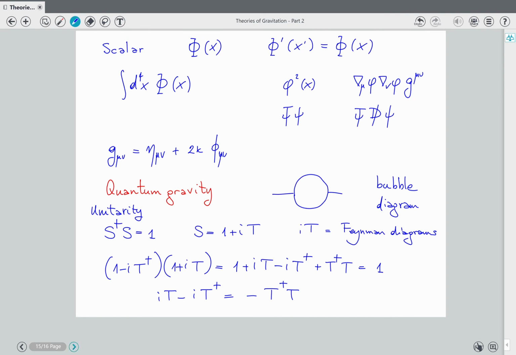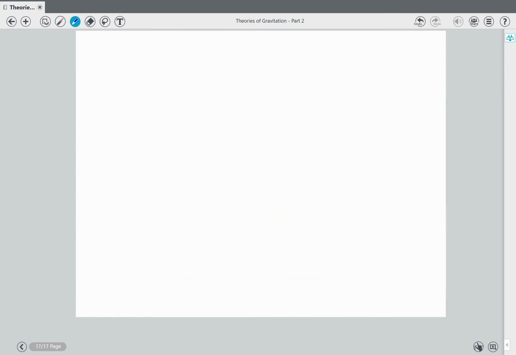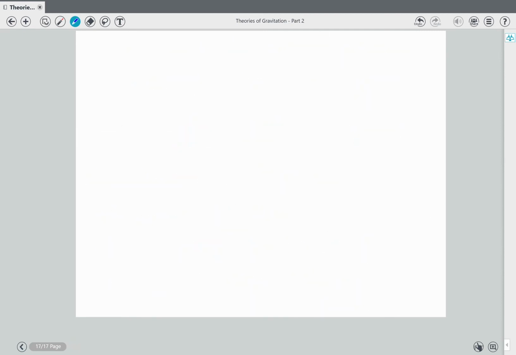Because if you want to make the theory renormalizable, you have to improve the behavior of propagators at infinity, which means for large momenta.